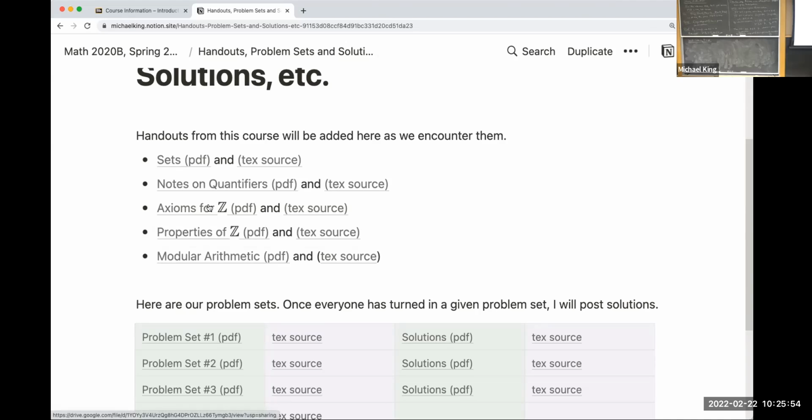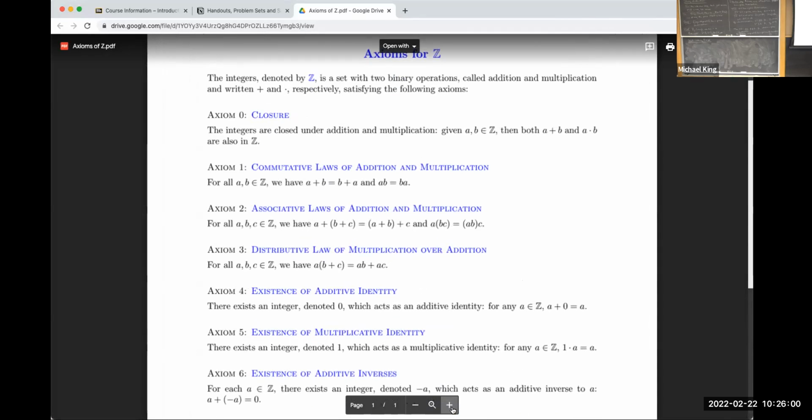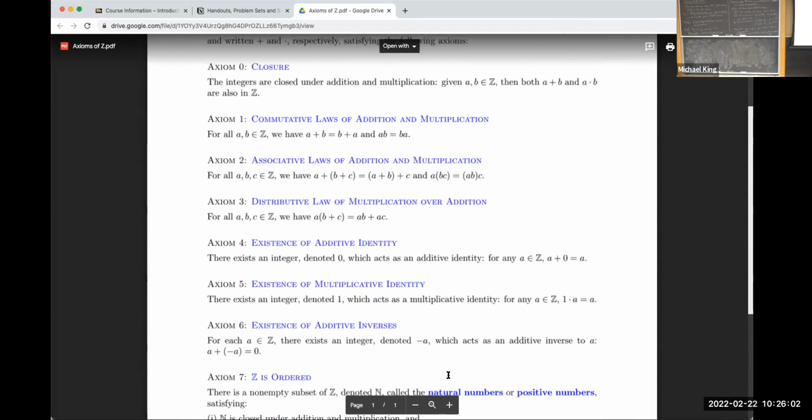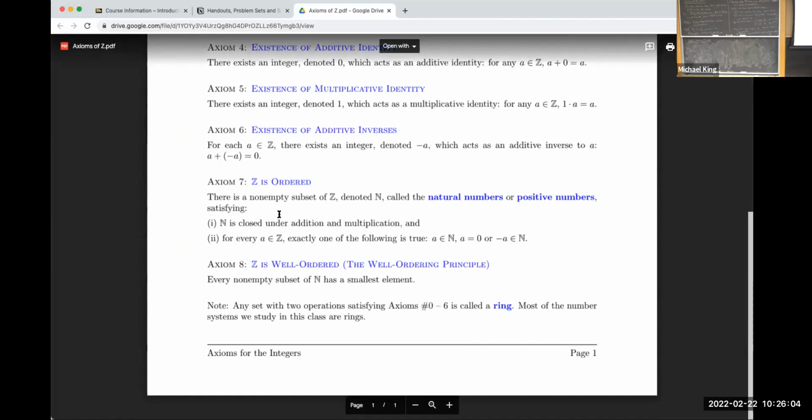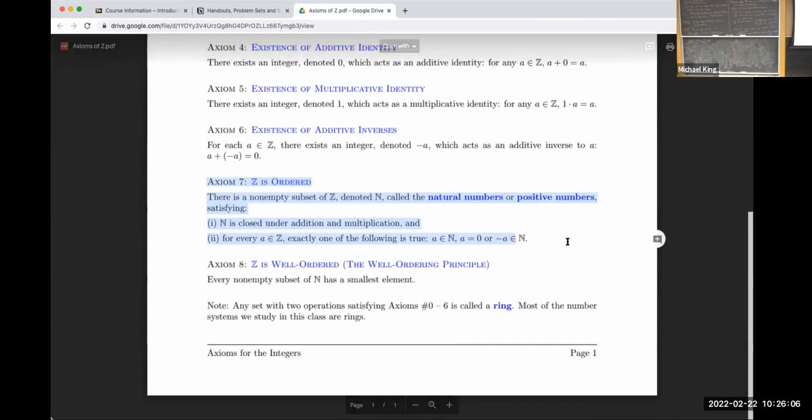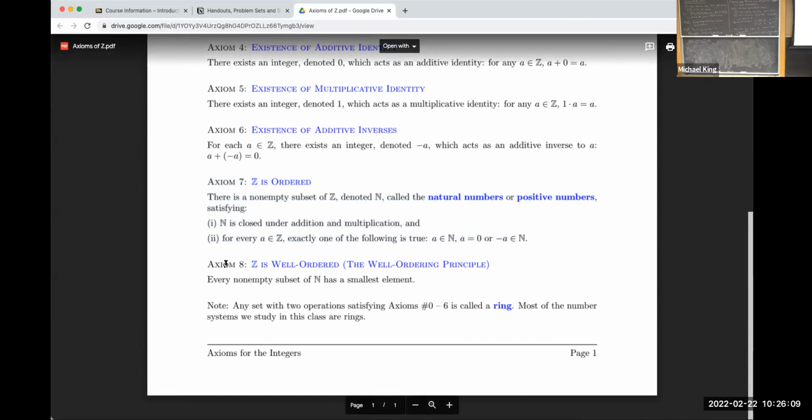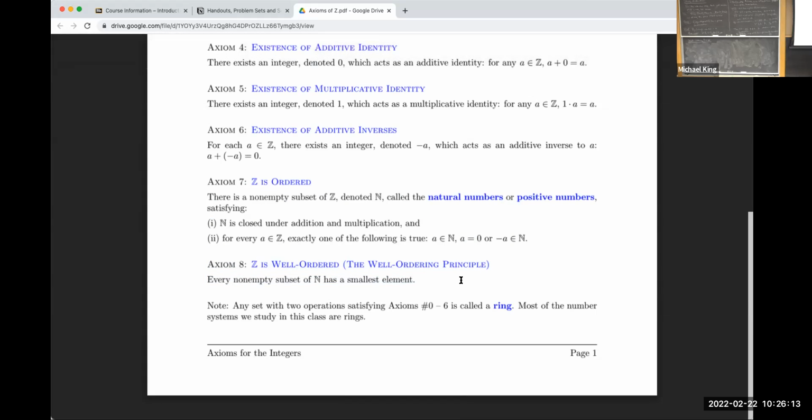But yeah, if you look at this axioms page, right, we had all these axioms 0 through 6, which are the basic ones. We had this axiom 7, which we talked about for a while to get the ordering, right? And now there's this axiom 8. And it turns out, this is something that you maybe would prove in an abstract algebra class, like the ring theory class, that this actually uniquely determines the integers.